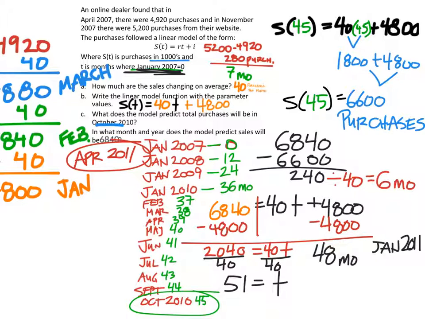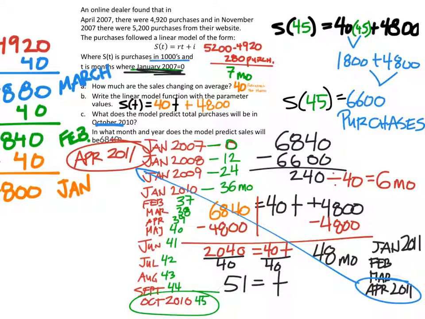Now, it would be 3 months after that, so you'd be looking at February, March, and April. So again, this is doing it a little bit differently, but it helps us to keep track of this stuff. April 2011 is the month that we would find total sales of 6,840.